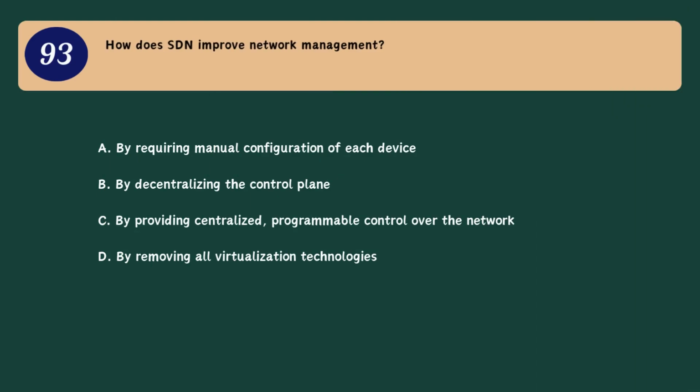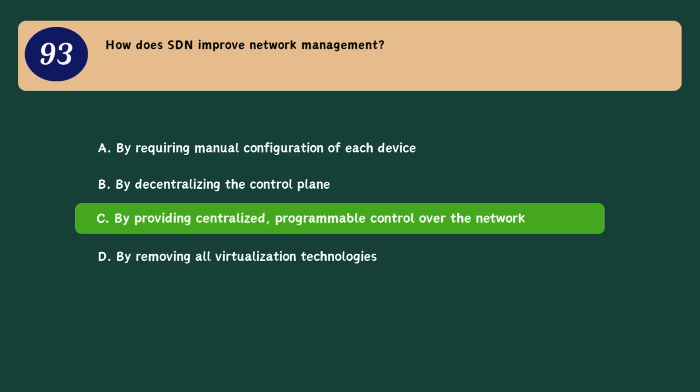Question 93. How does SDN improve network management? A. By requiring manual configuration of each device. B. By decentralizing the control plane. C. By providing centralized, programmable control over the network. D. By removing all virtualization technologies. Correct answer.